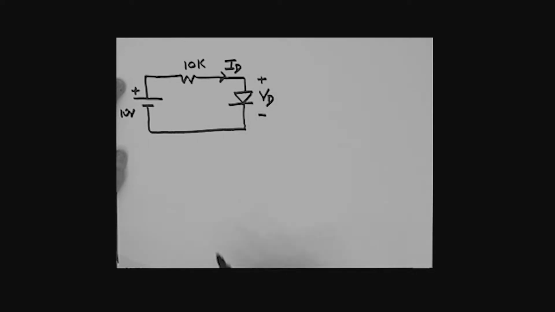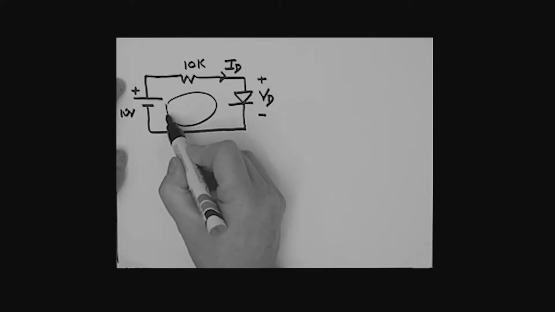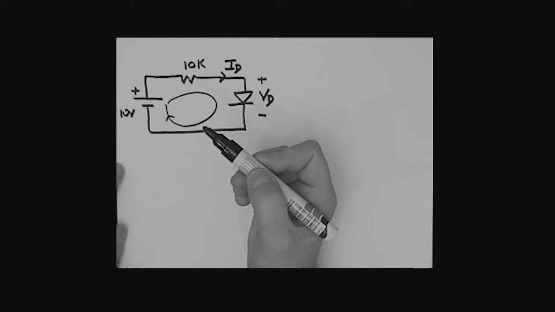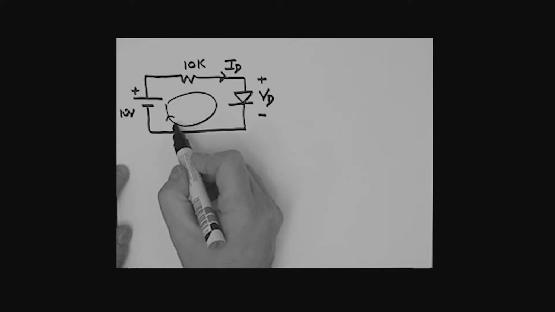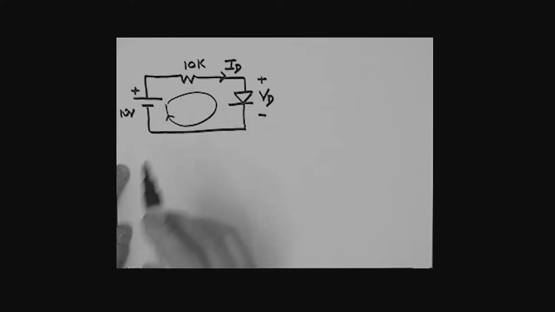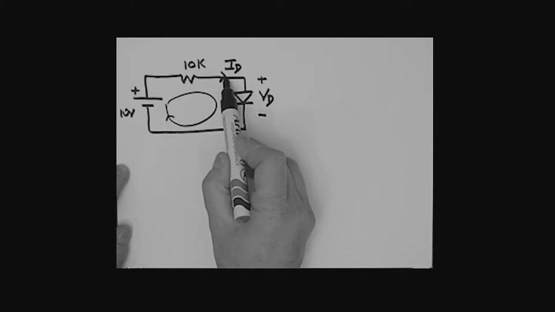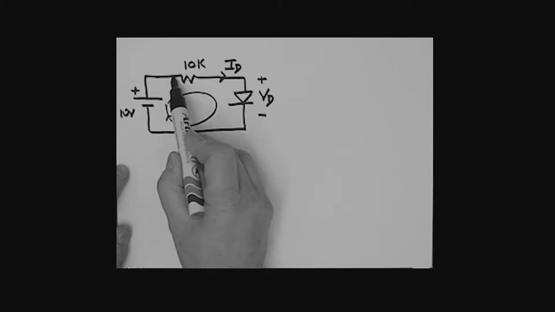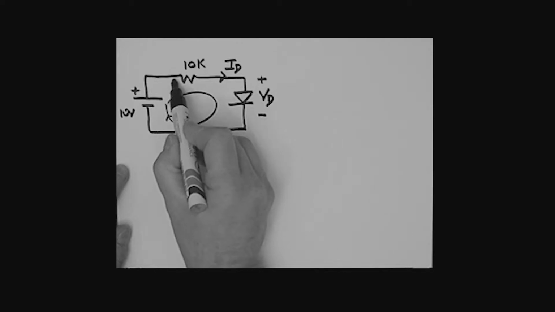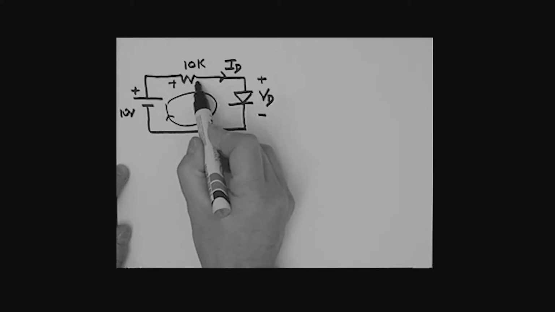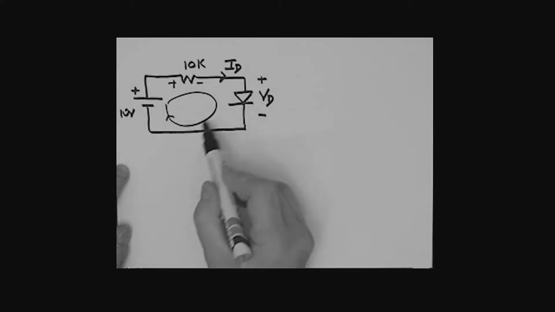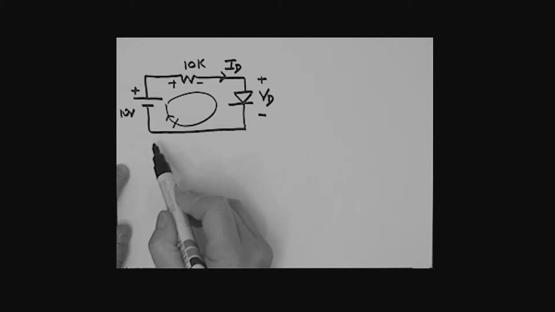What we're going to do now is simply take a loop. Before we start, if ID is flowing in this direction, let's be consistent with our defined polarity. ID flowing this way, we would have a polarity across that resistor of plus minus. We're ready. Let's take the loop.